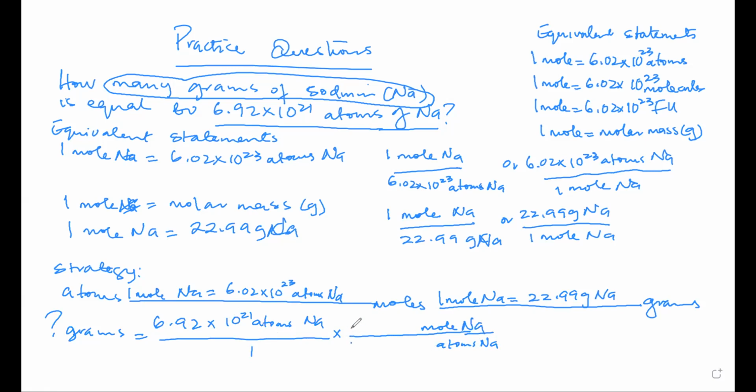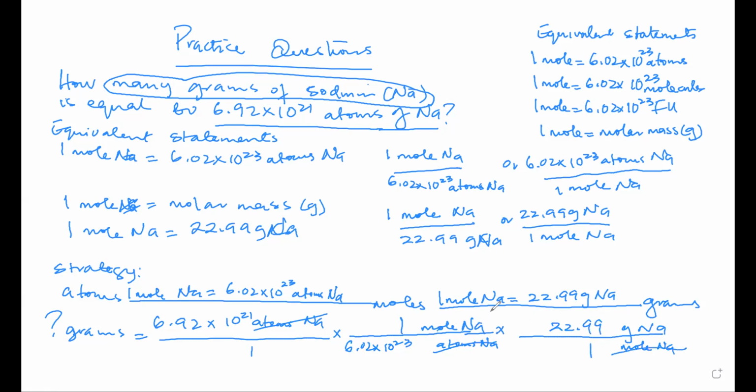From the equivalent statements, this will be 6.02 times 10 to 23 atoms and 1 mole. This will cross out. Now we're going from mole to grams. So this will be mole of sodium and grams of sodium. So we looked at this, it will be 22.99 grams and 1 mole.